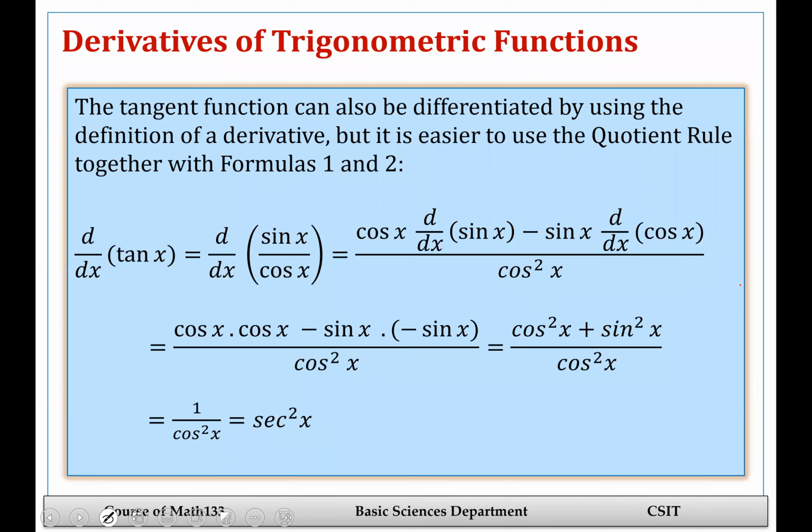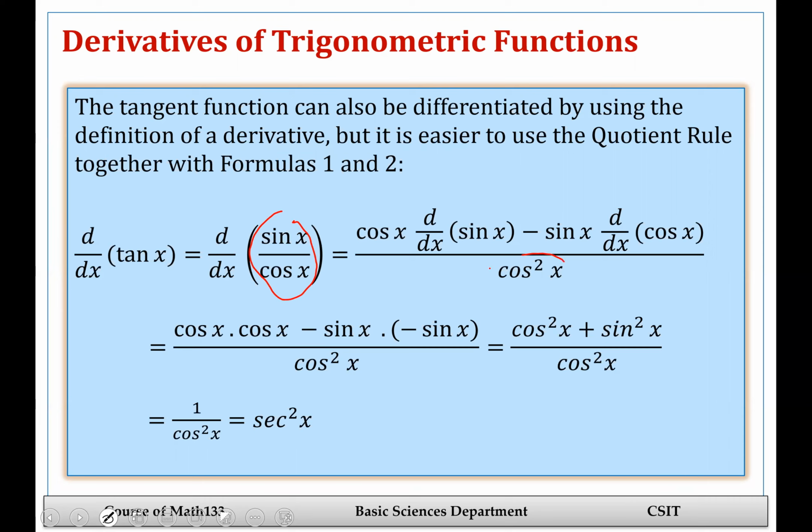Now since we know the rule number one, rule number two, which gives the derivative of sine and cosine, we can find all the derivative of the other trigonometric function like tan, for example. So we apply the definition of tan here. Tan is sine over cosine, and this is the quotient rule. You remember the quotient rule?